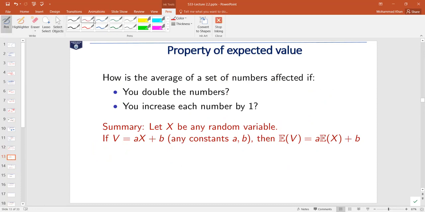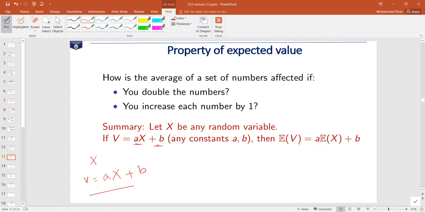There are some properties of expected values. What happens if we double the number or increase the number? Basically, what happens if we multiply or add? If the random variable is x and we define another random variable based on x, by multiplying x with some number a and adding some number b, what happens with the expected value? We can derive it if you want; it's a homework.